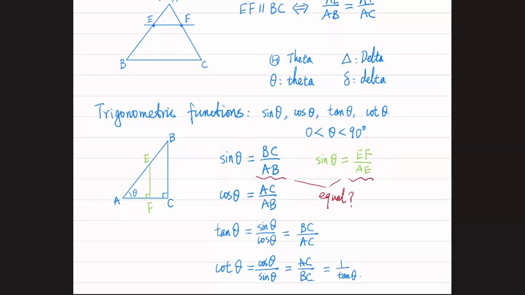Aaron, EF is congruent to BC. I mean, EF is... what do you mean congruent? I mean like they're in the same direction. Okay, that's parallel. Yes, parallel. So a key observation is that EF is parallel to BC. I meant congruent as parallel.